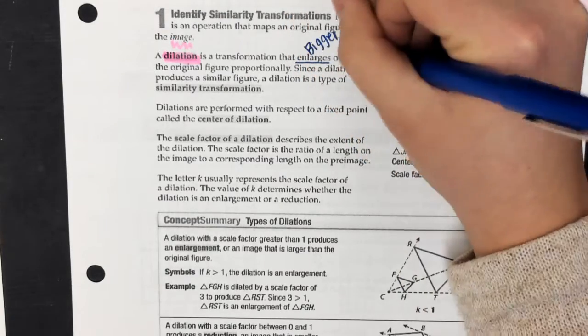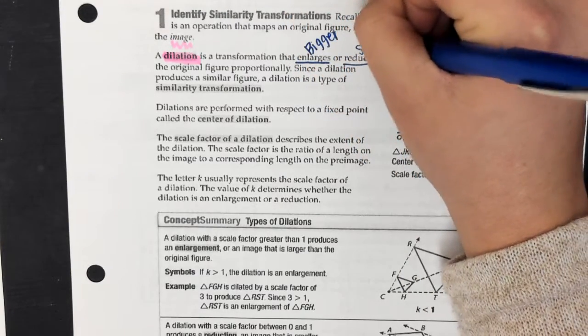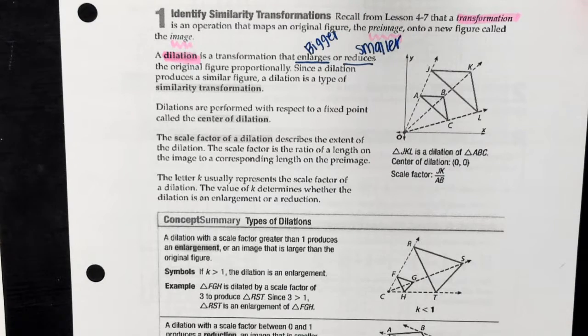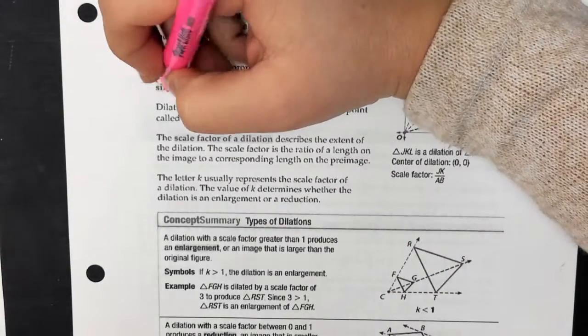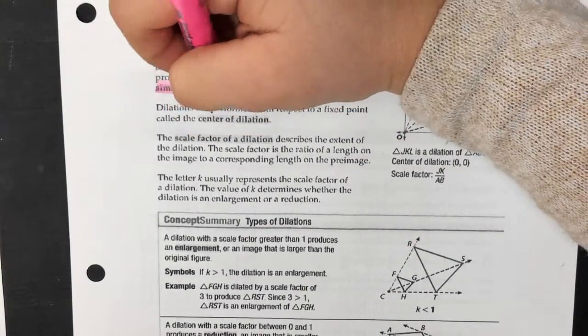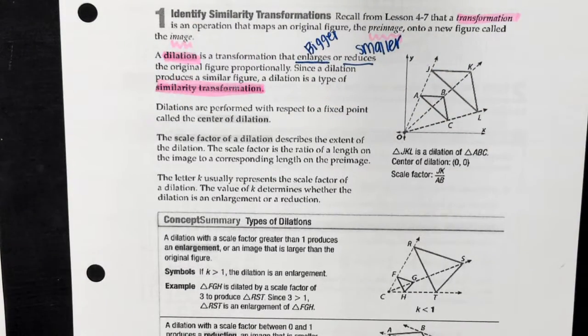Enlarges is bigger, reduces is smaller. Since a dilation produces a similar figure, it is a type of similarity transformation. So anytime you're enlarging or reducing a similar image, it is called a similarity transformation.